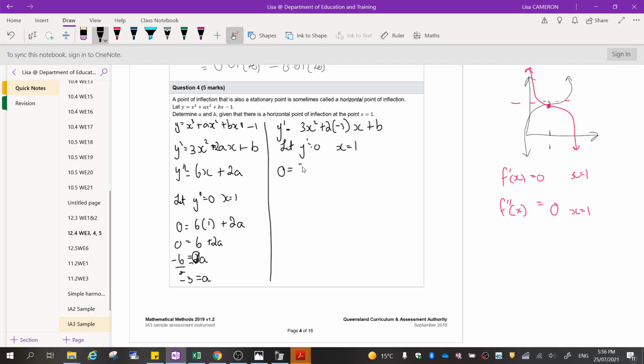So 0 is equal to 3 times 1 squared plus negative 6 times 1 plus b. So 3 minus 6 plus b, I'm going to start doing that as a capital because my handwriting looks like a 6. There we go, equals negative 3 plus b. So when I take this to the other side, it'll become positive 3 is equal to b.